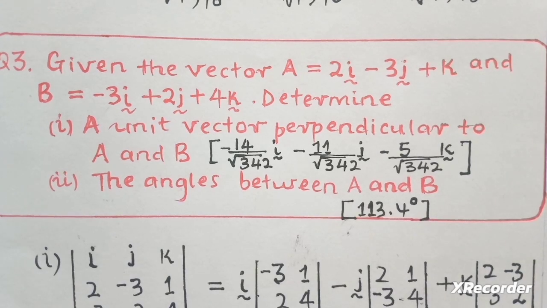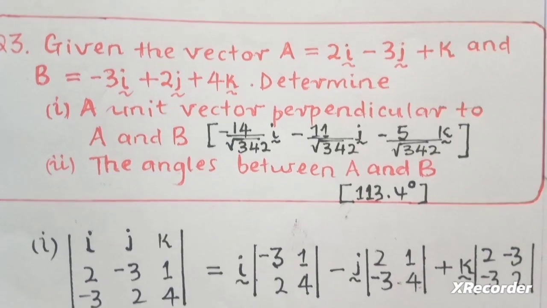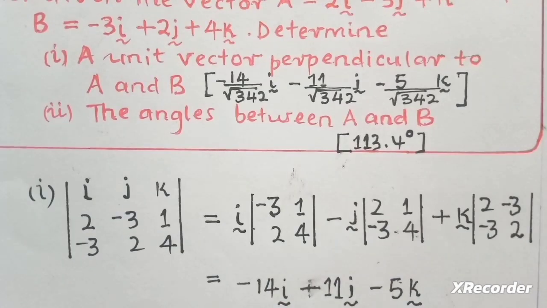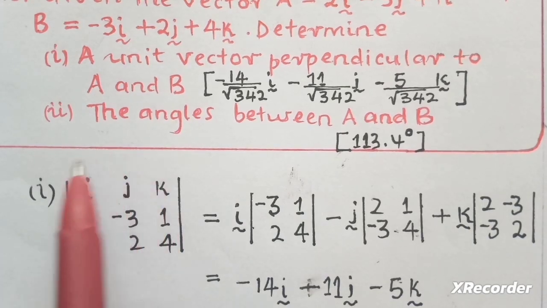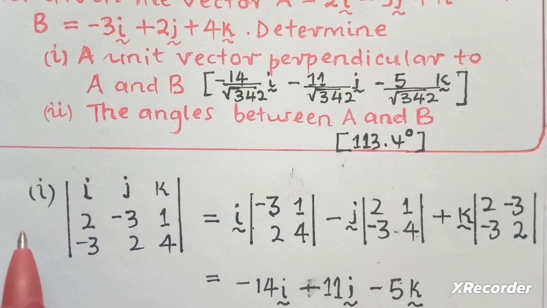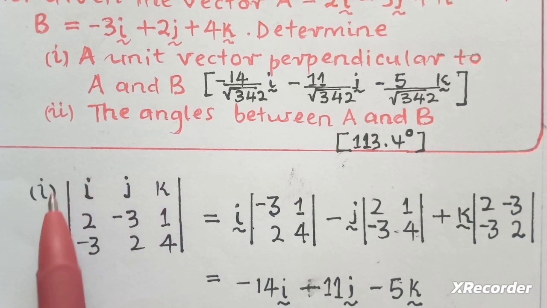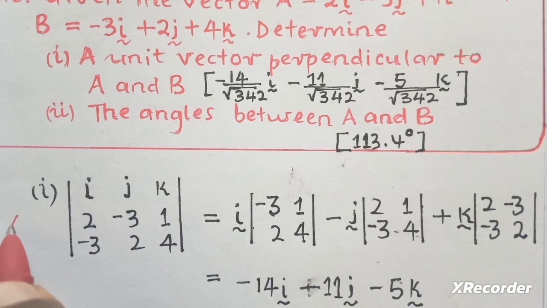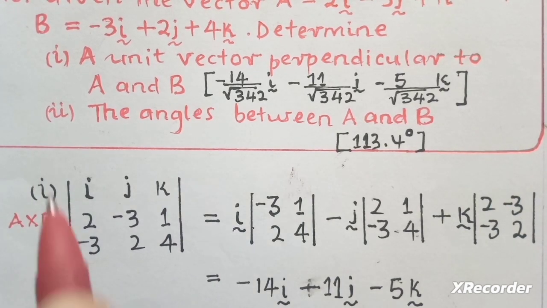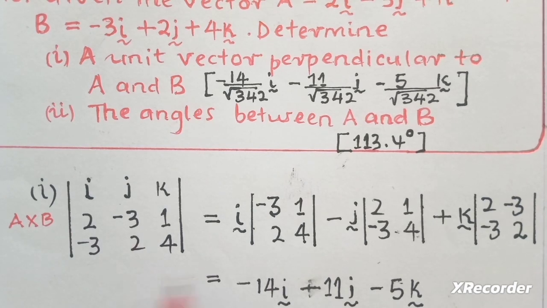So we do it the same way we have done the first one, guys. First of all, we take the cross product of A multiplied by B, that is A cross B. For A cross B, we do it like this. A cross B is going to give us this as our vector.